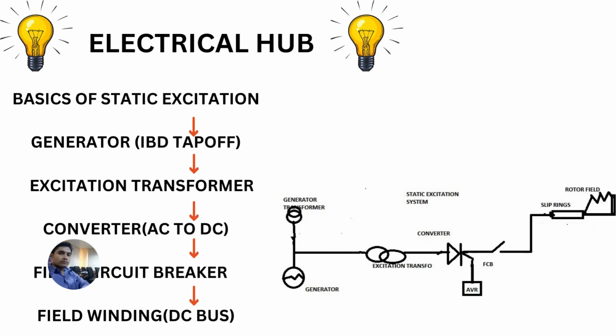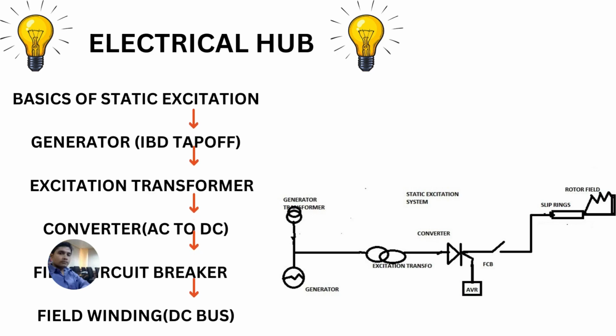So, in the basics of the excitation system, after the generation, the voltage is tapped off by the IBD tap off to the excitation transformer. In the excitation transformer, the voltage is lowered to a lower AC voltage, which is fed to the converter.